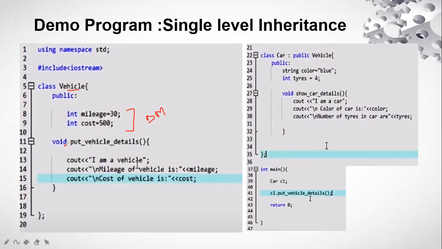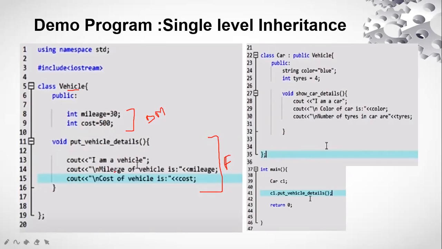Now I'm going to define the function for this class, also called a method, right? This is the function: void, because we are not going to return any value, put vehicle details. In this, I am going to print. Cout is for print: I am a vehicle.